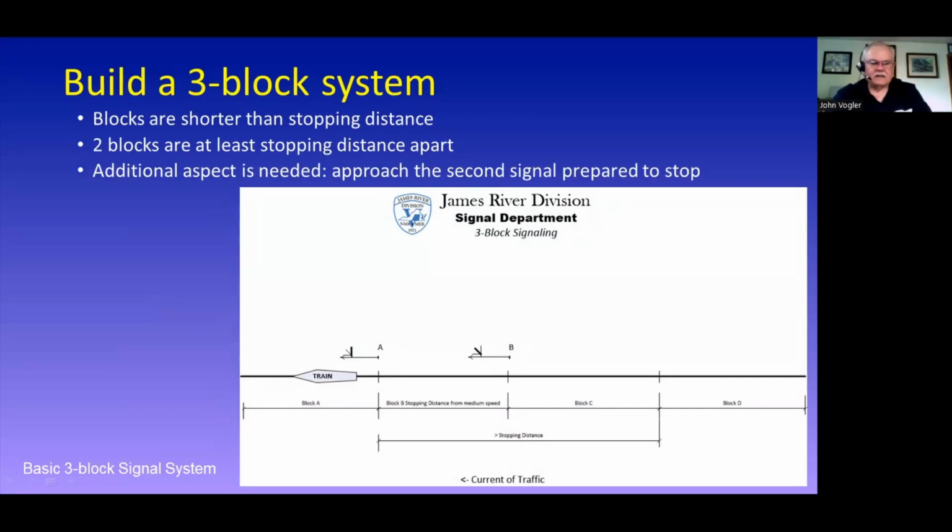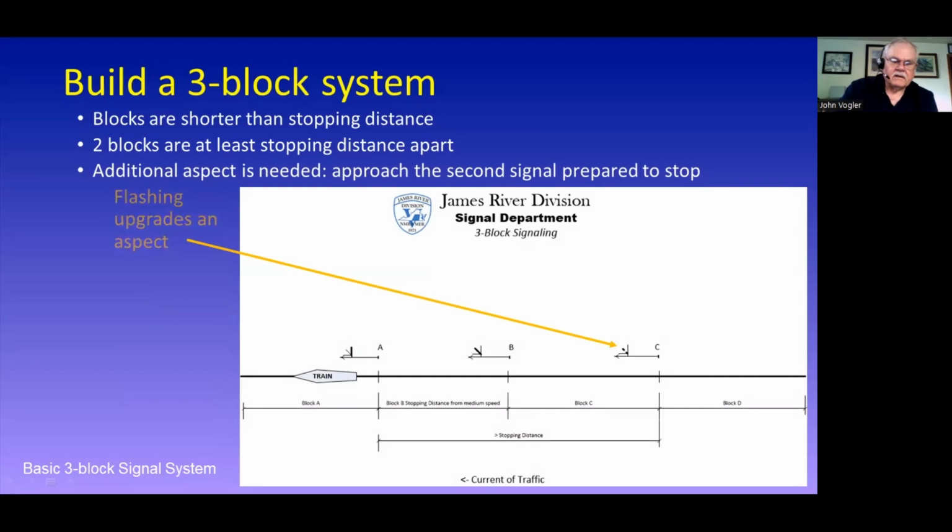So what we're going to do is add an additional aspect, and that's what I touched on previously. We're going to now include the aspect that has a flashing yellow, which upgrades the steady yellow on the approach. And that's telling you approach the next signal at medium speed. And what we've defined already is that this is at least medium speed stopping distance.